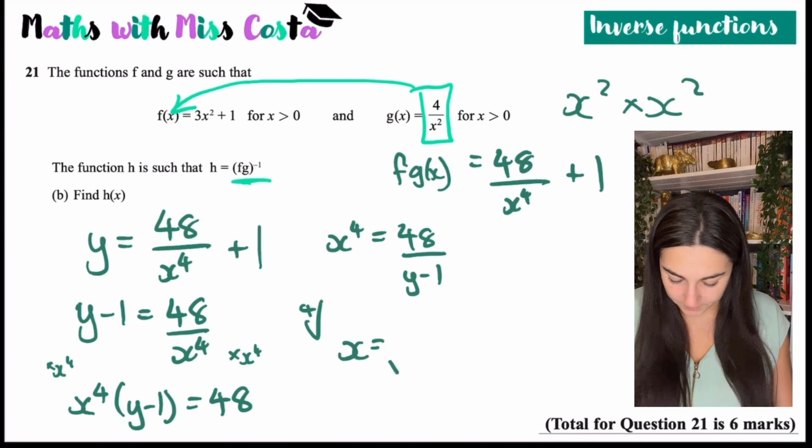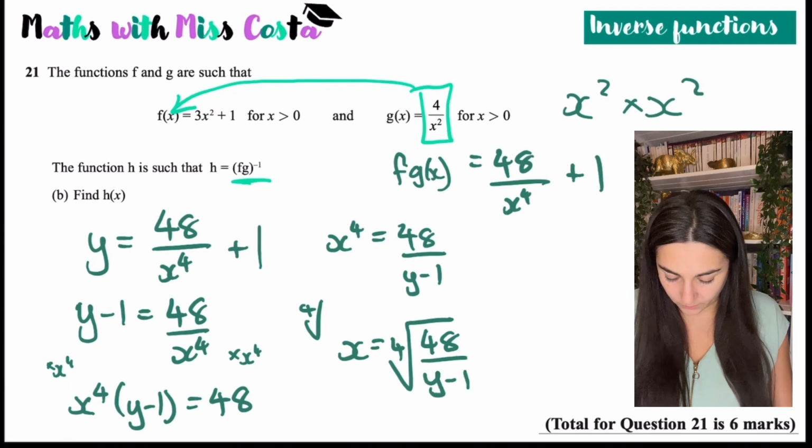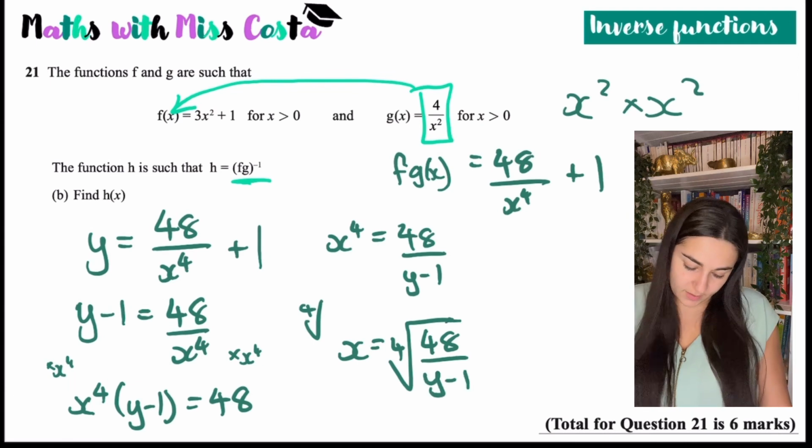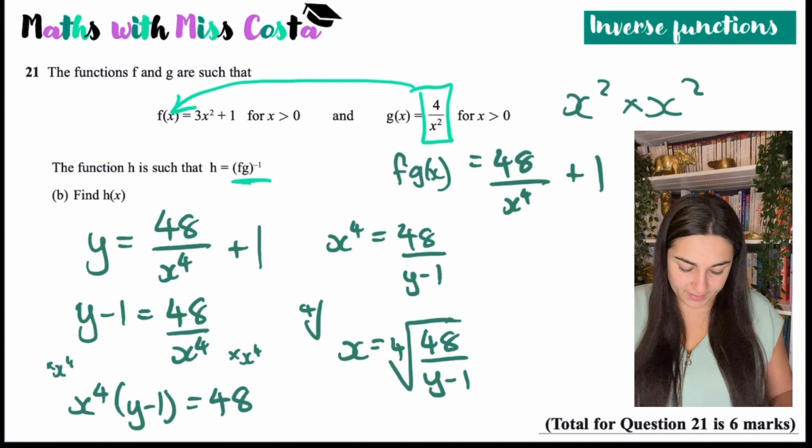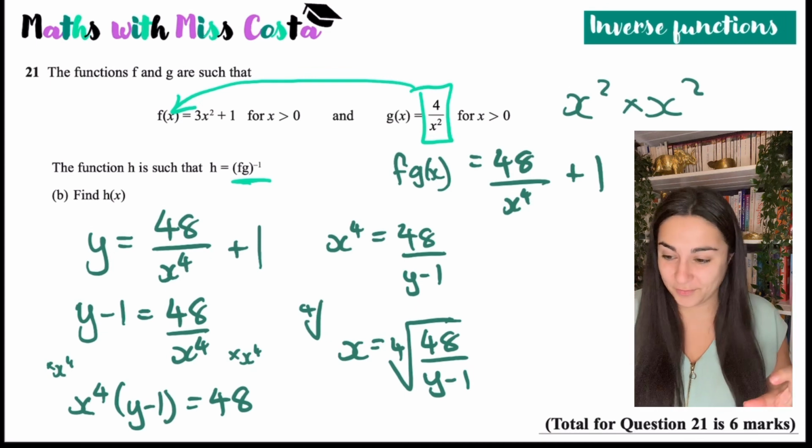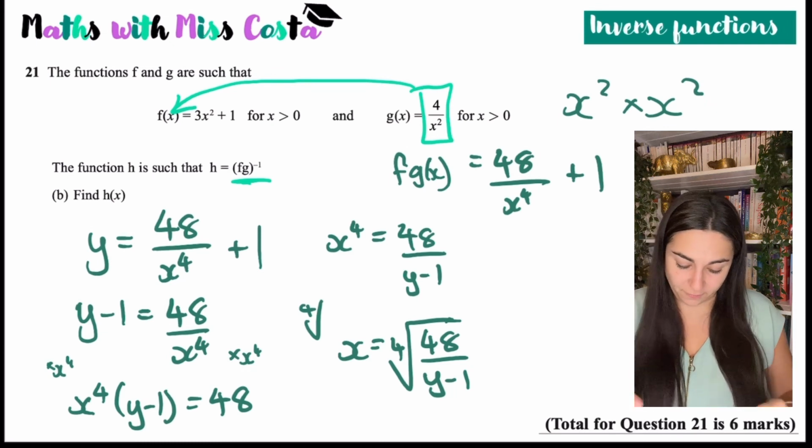So x would be 48 over y, take 1. Okay, so find h of x, and h of x is the function so that it's the inverse. So when it's the inverse, we switch the input and the output around. So the final bit is we switch the x and the y around.